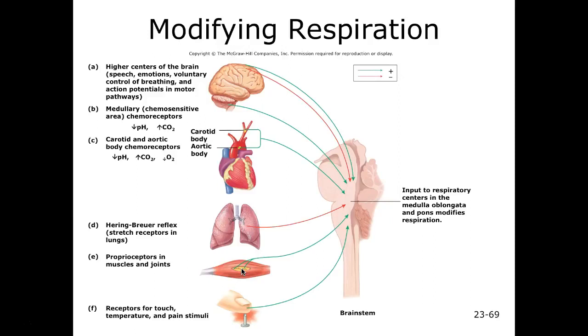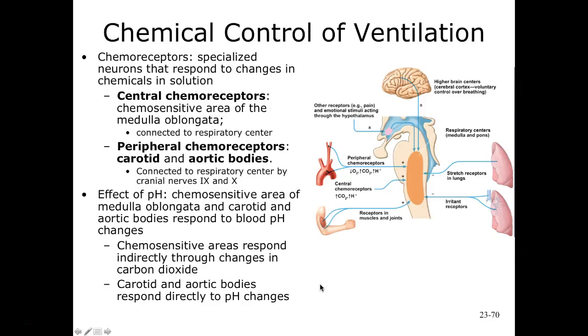So knowing where these muscles are in space, as we contract them, that is going to cause an increase in our respiratory centers, in our ventilation. So you can imagine when we're exercising, that's going to cause an increase in ventilation. And then we have our receptors for touch, temperature, and pain stimuli that will increase ventilation as well.